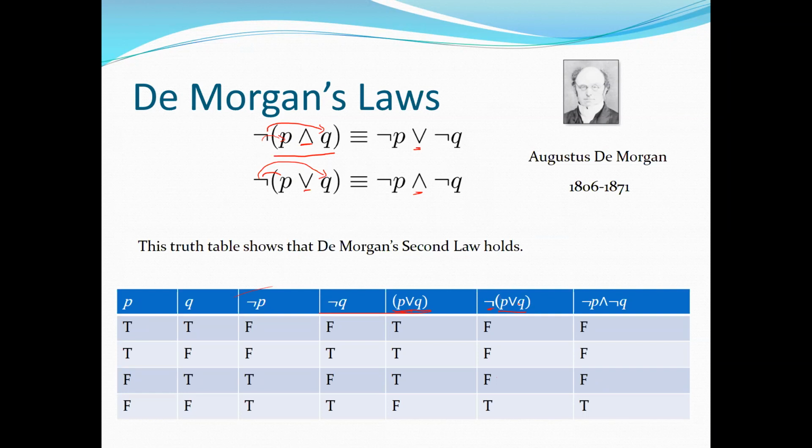Not P and not Q, with the AND operator. We already have not P, we already have not Q, so just AND these two. False, false will end false, false, true will end false, true, false will end false, true, true will end true, right? So true and true is true only. Now if you see, these two results are the same, right?